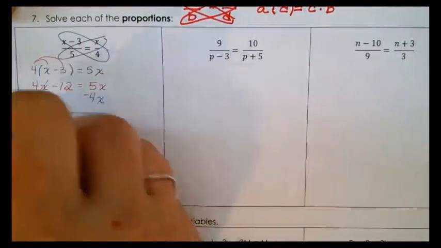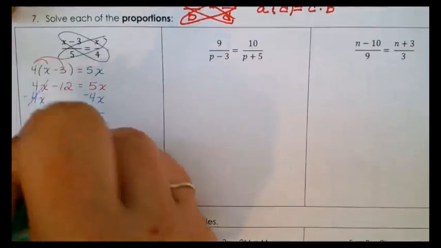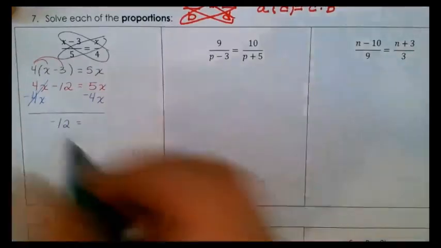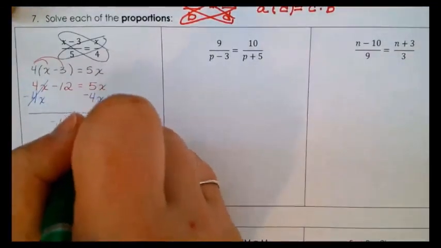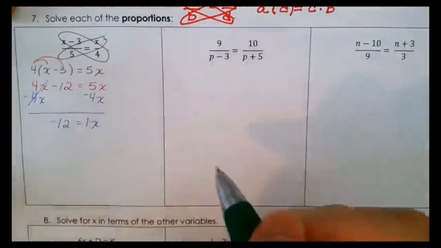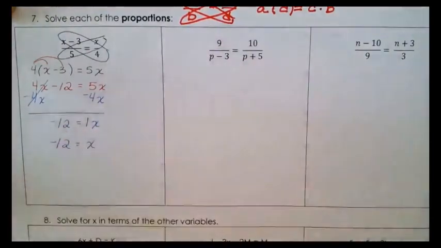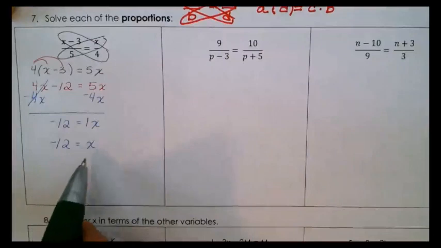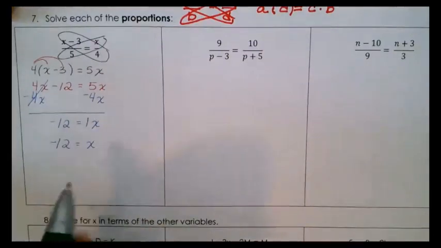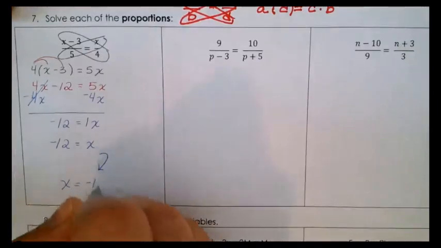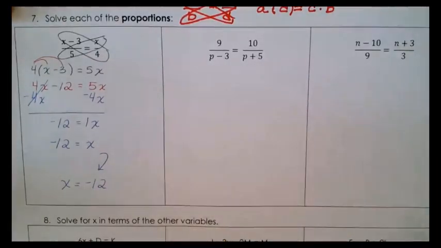These cancel. Bring down the negative 12 equals 5x minus 4x is 1x. You don't have to write the 1, so it's just negative 12 equals x. Now, most of you probably don't feel comfortable having the x on the right, and you want to rewrite this to be x equals negative 12, which is completely fine.